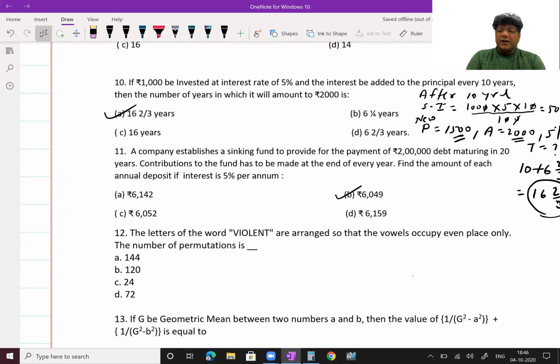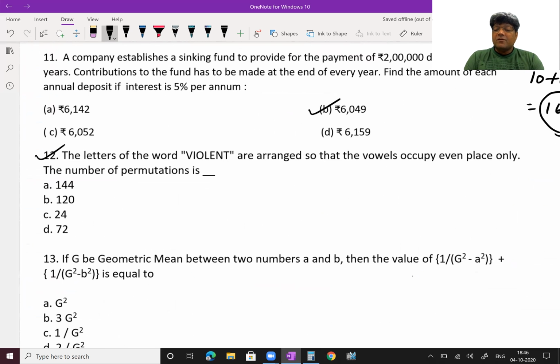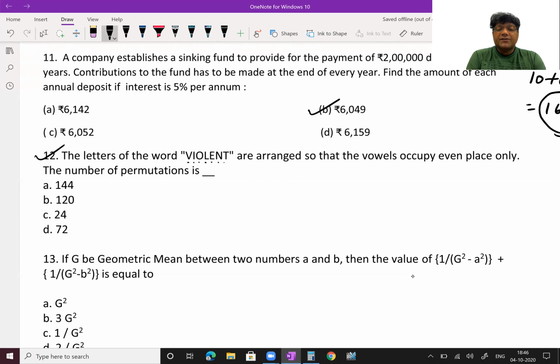Now question number 12, very easy, guys. In how many ways can the letters of the word VIOLENT be arranged so that the vowels occupy even places only? So VIOLENT has 7 places: 1, 2, 3, 4, 5, 6, 7. Even places means second, fourth, sixth. And who will come here? Vowels will come.